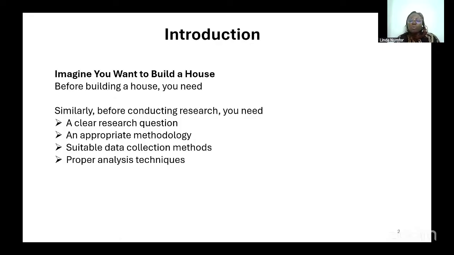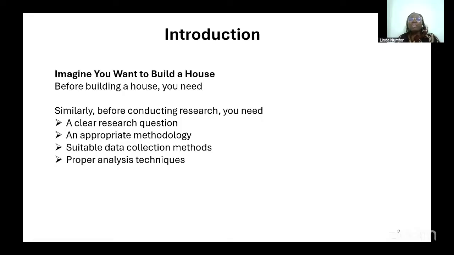If you want to build a house, you obviously need an architect that will design. You will need good materials. You will need experts to build a house. You need the plan. You need everything to build that house. The same goes for when you want to do a research.